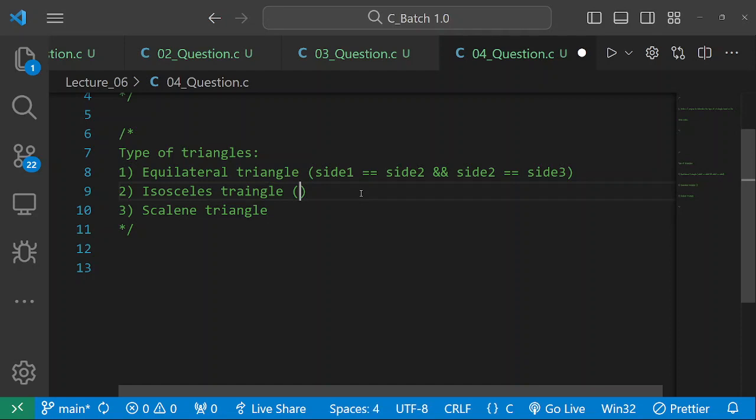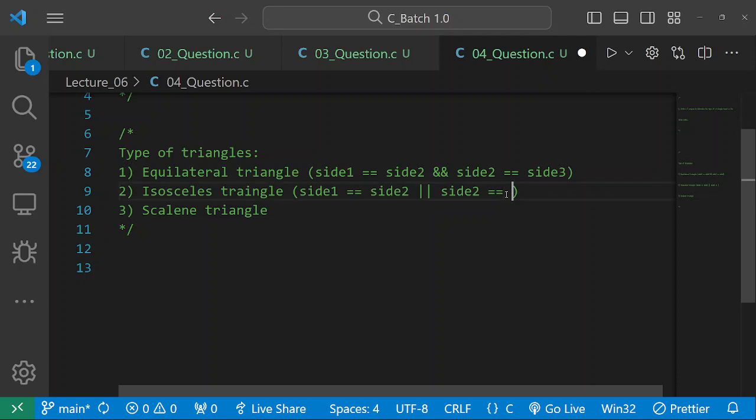For isosceles, two sides are equal. Very good. So I am writing again: side 1 equal to side 2, or side 2 equal to side 3, or side 1 equal to side 3. Remember this logic: and means all should be true, or means any one will work.